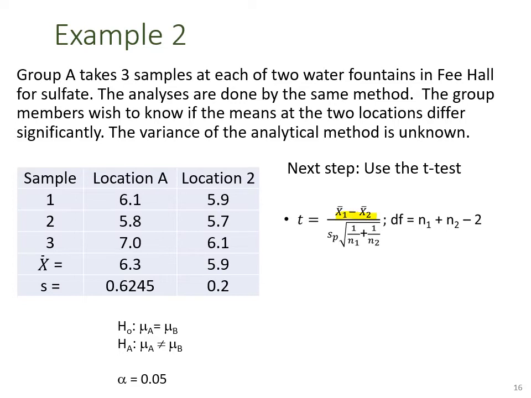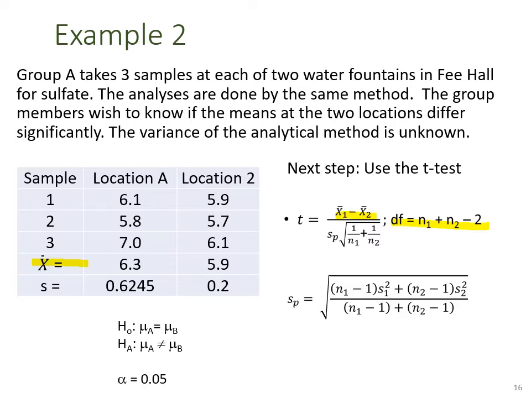We have calculated our means. The number of degrees of freedom is equal to n1 plus n2 minus 2. So that's 3 plus 3 minus 2, or 4. And the equation for the pooled standard deviation is given here.